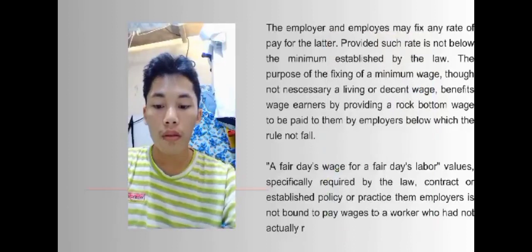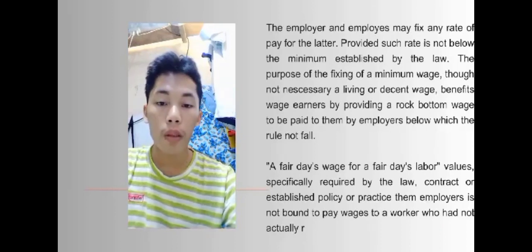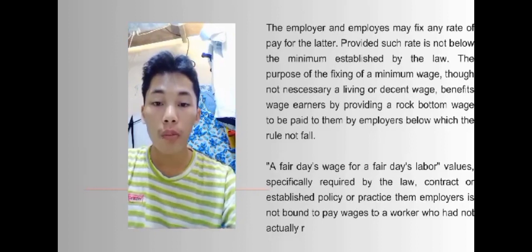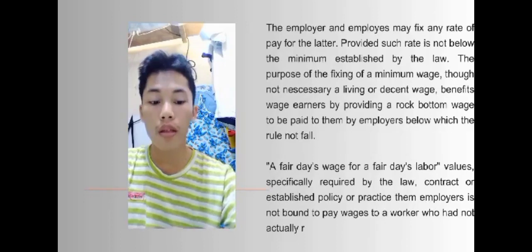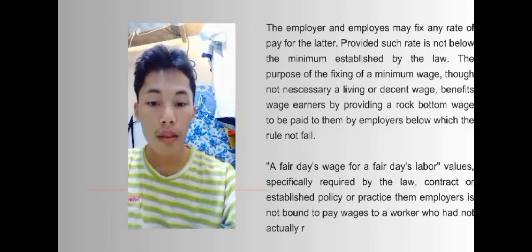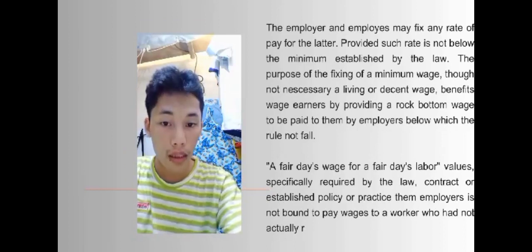So the purpose of fixing the minimum wage is to ensure that all workers are paid a fair and adequate wage for their labor. By setting a minimum wage, government aims to reduce poverty, improve living standards, and provide workers with a basic level of financial security. So a fair day's wage for a fair day's labor.